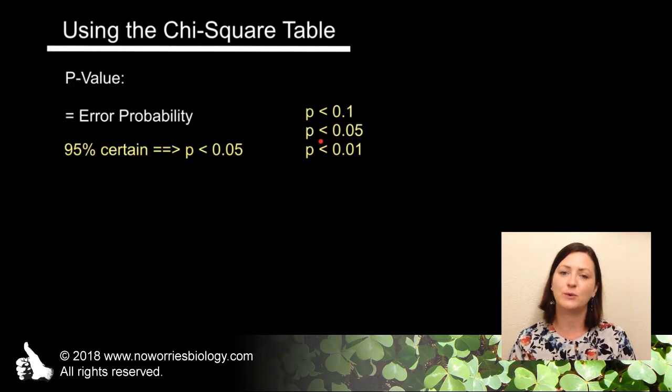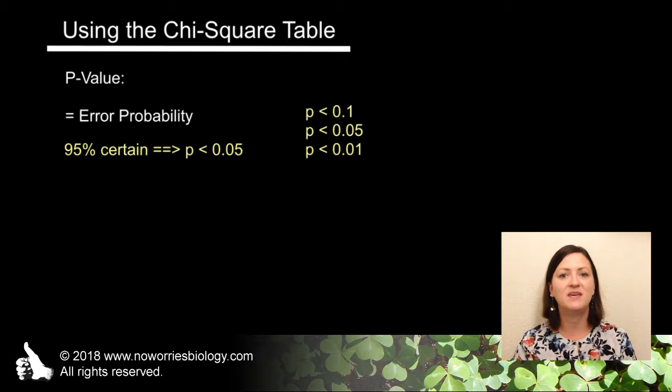A p-value of less than 0.05 translates to a likelihood of our evaluation being wrong of less than 5% or a certainty of 95%. And a p-value of less than 0.01 indicates a likelihood of our evaluation being wrong of less than 1% or a certainty of 99%.